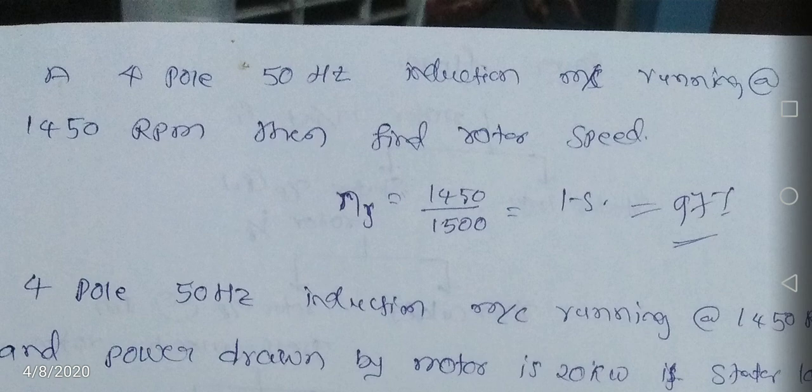NS equal to 1500 rpm and NR is 1450 rpm. Sorry, here not the rotor speed but the rotor efficiency. To find the rotor efficiency, 1450 by 1500, that is rotor speed by stator flux speed, then we get 97% efficiency.